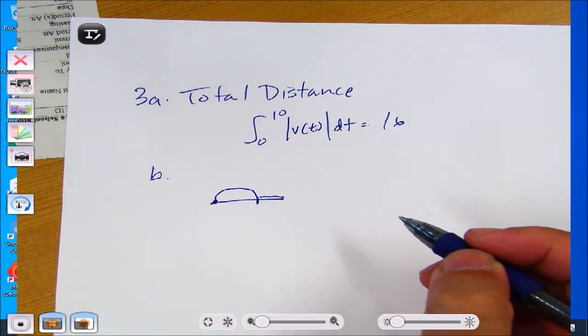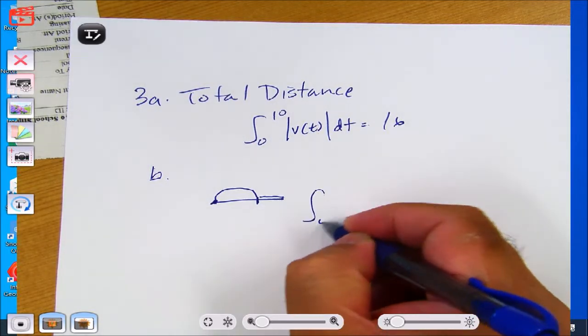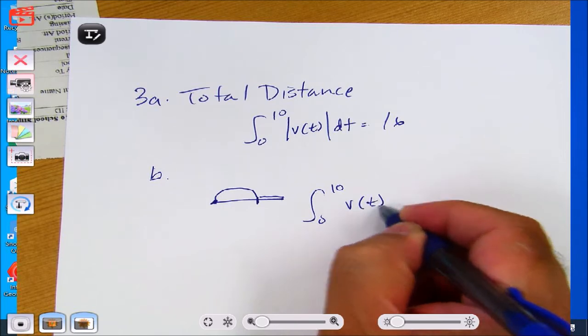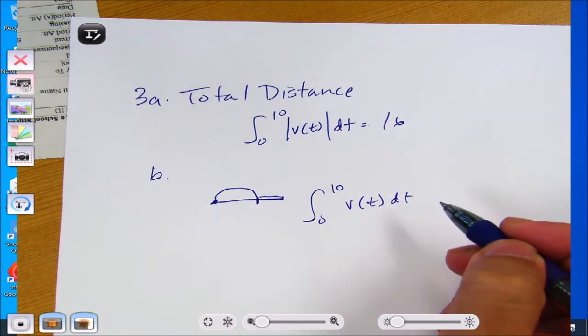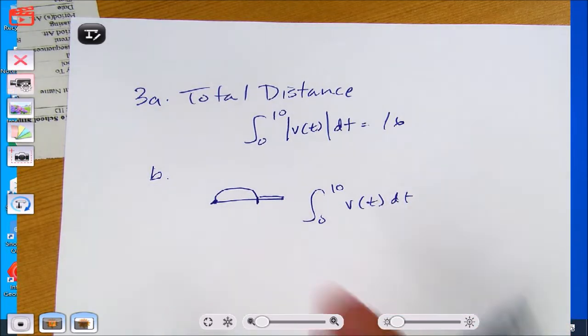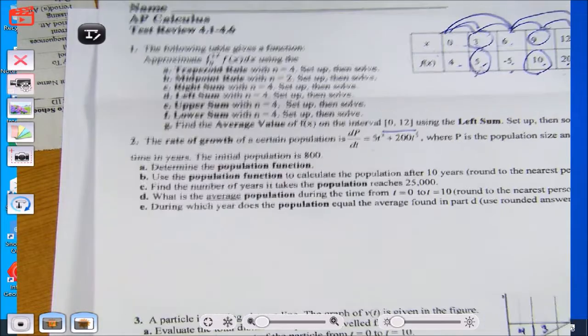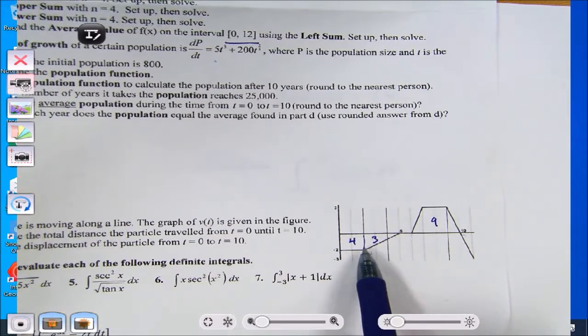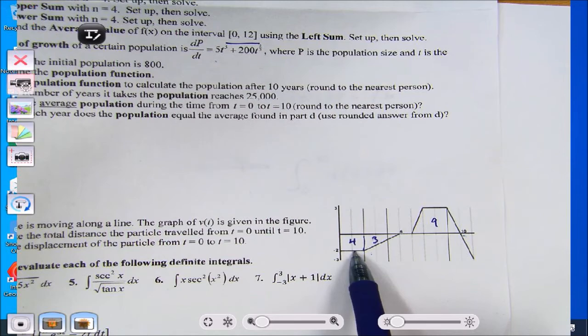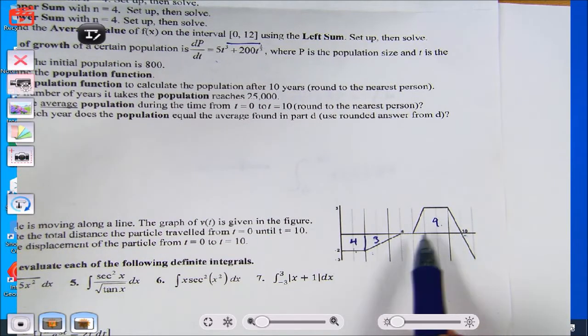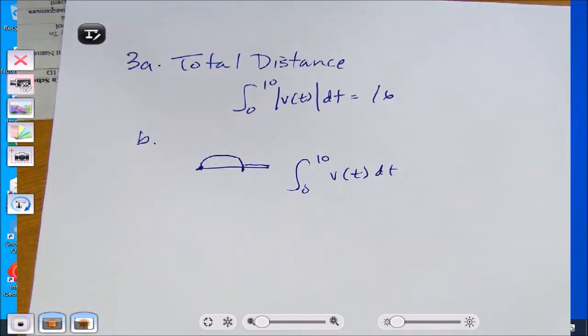So you're just going to do 0 to 10, but not absolute value. That means this 7 below the x-axis now has a value of negative 7. So now you're going to do negative 7 plus 9 is 2. So the answer to B is 2.